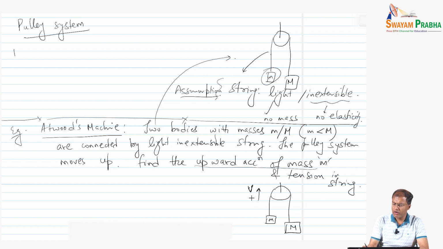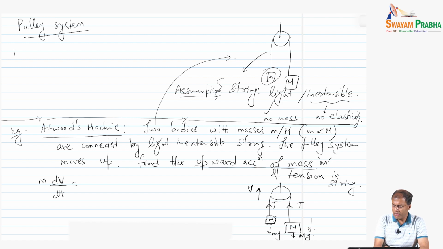So let me call this system moving upward with some velocity v, which possibly is an unknown of the system. Now since small m is smaller than capital M, this small mass is going to move up, right? And of course capital M is going to move down, and if we write the force balance, we will see from Newton's law that the only forces acting on these objects are the weight and the tension T of the string.